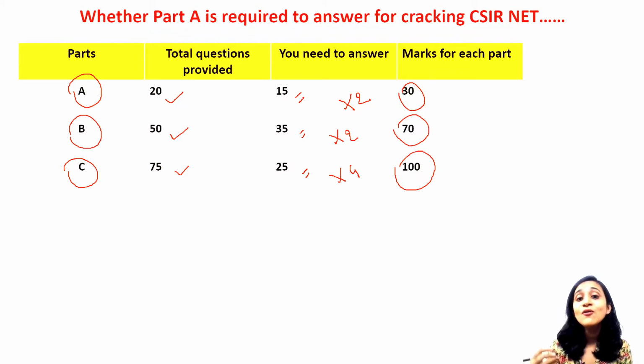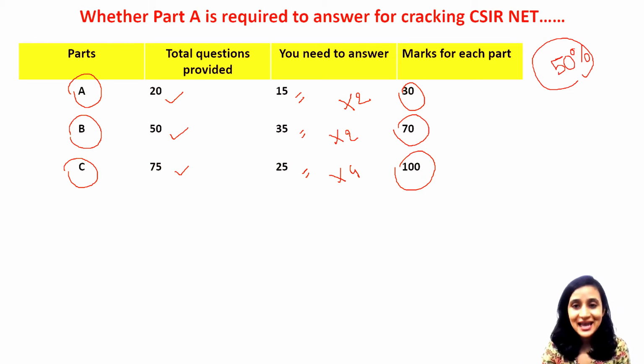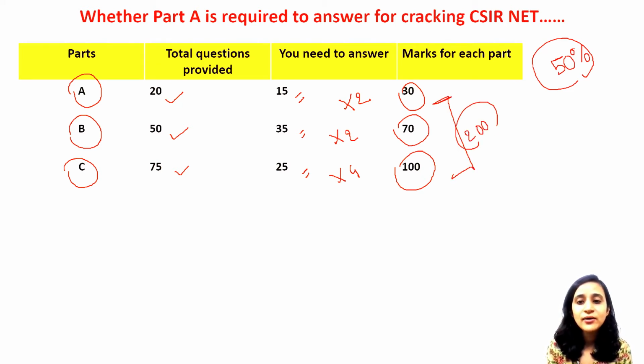Now the cutoff for CSIR JRF goes to maximum 50%. For the safe side, let it be 50% for the general category; for reservation categories it is less. So the total marks is 200.